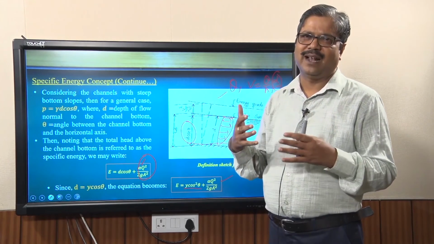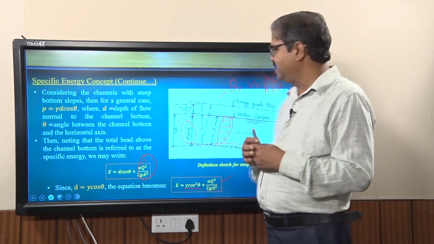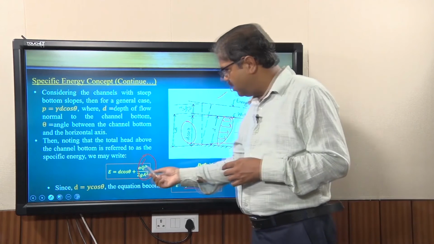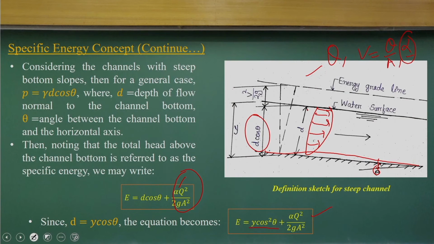be the specific energy equation if I consider the velocity variations in terms of alpha and Q by A, where Q is the discharge and A is the flow area.